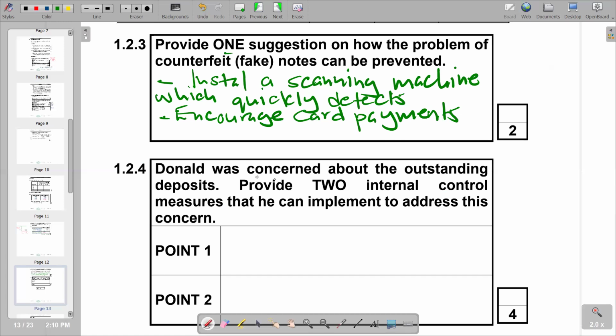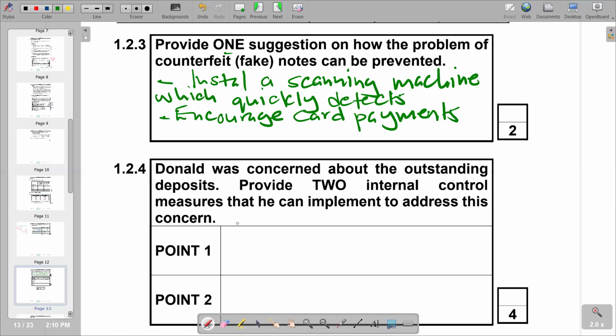Donald was concerned about the outstanding deposit. Provide 2 internal control measures that he can implement to address this concern of outstanding deposits. So outstanding deposit obviously is going to be delayed deposits. So how can we make that quicker so that we don't have a scenario of outstanding deposit?